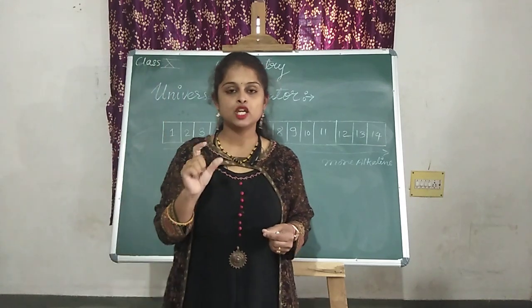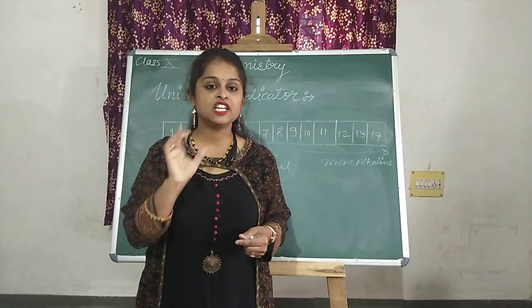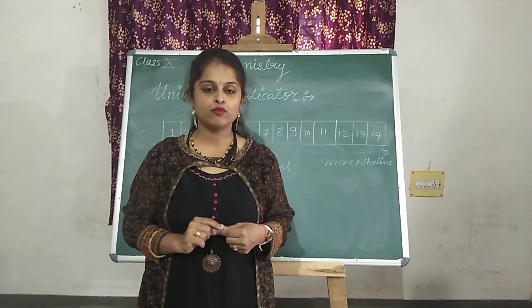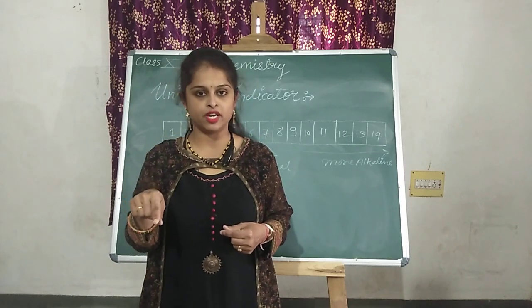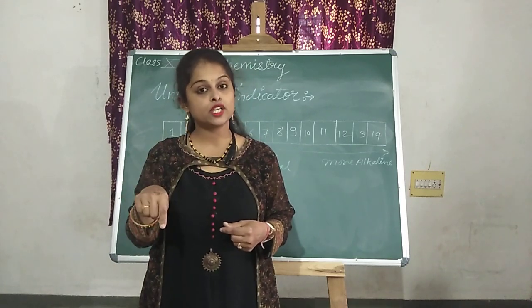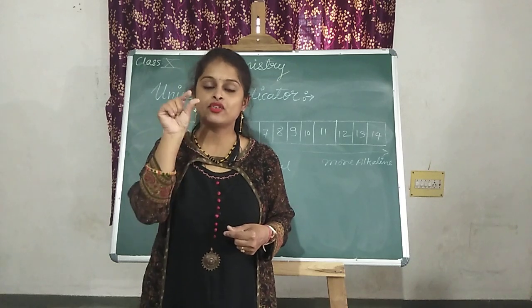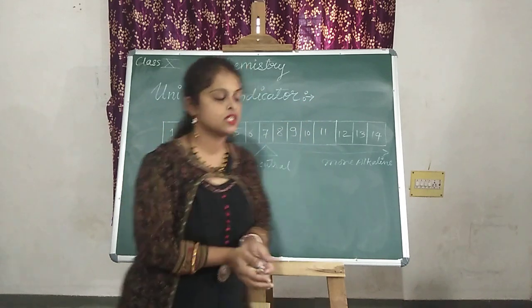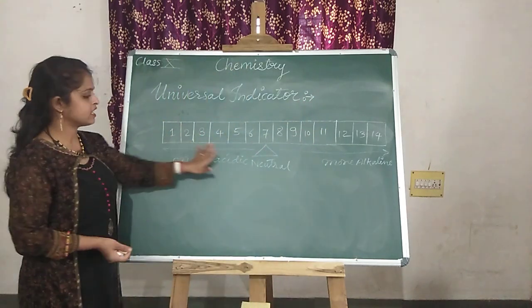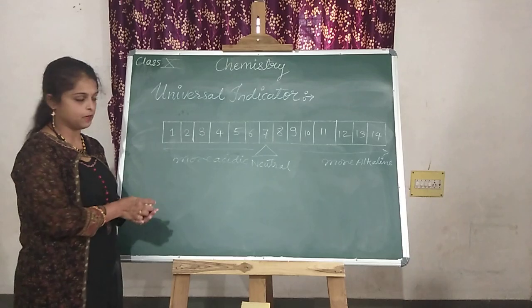Is it clear? Now if you take the litmus paper test, what are we doing for the acidic? We use blue litmus, and that blue litmus turns into red. Is it clear? Then what happens? That red color is present on this universal indicator scale. See, consider that this is a universal indicator scale.